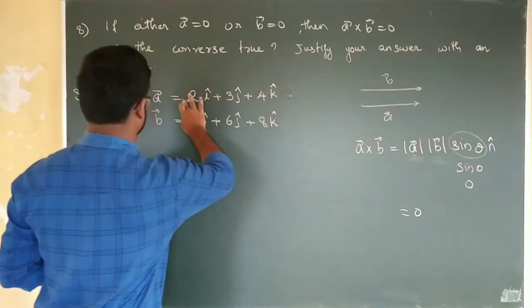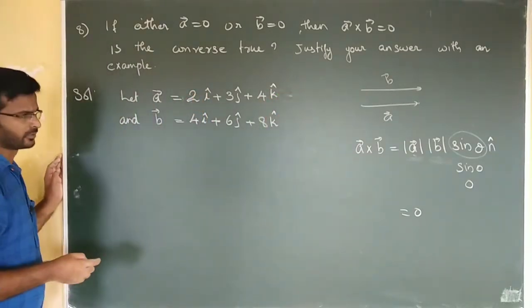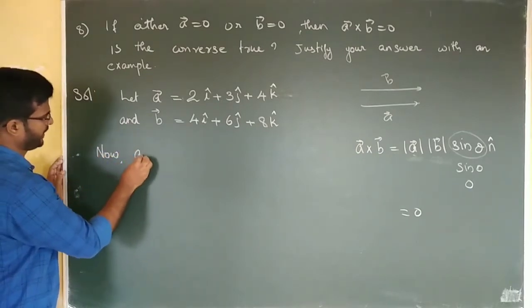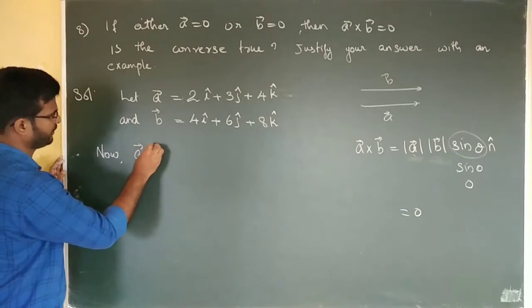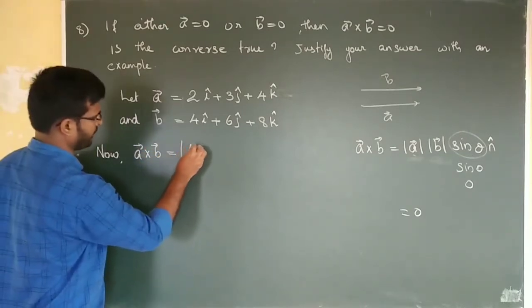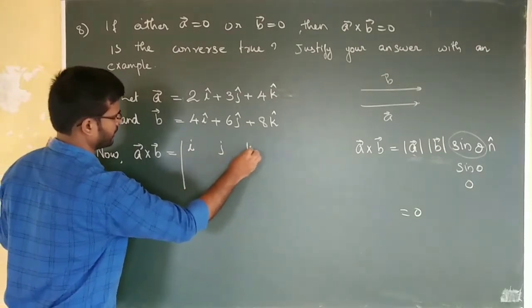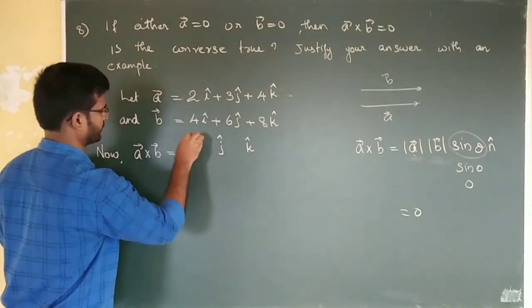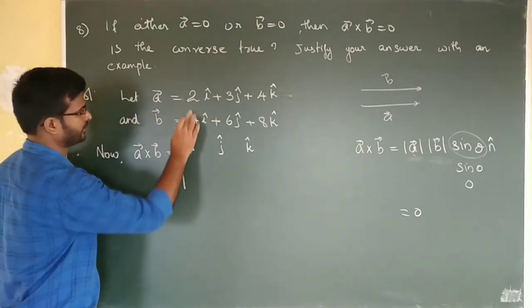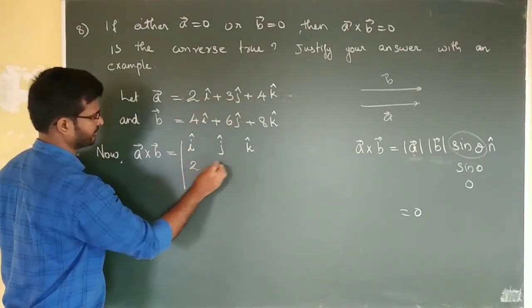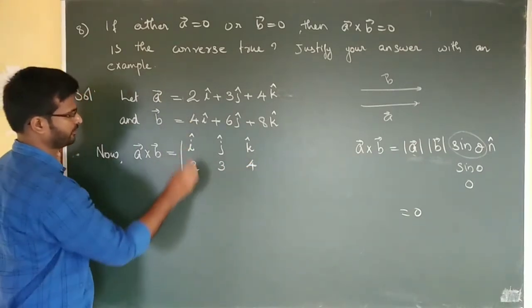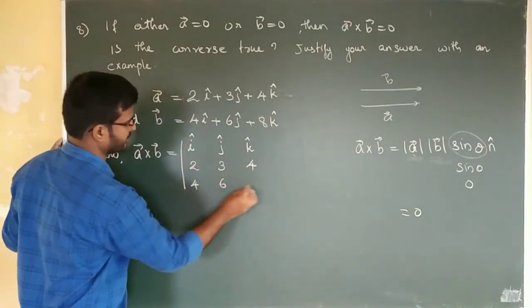Now we can take the cross product. A vector cross b vector equals a determinant of i, j, k. In the second row, we write scalar components of a vector, that is 2, 3, 4. In the third row, we write scalar components of b vector, 4, 6, 8.